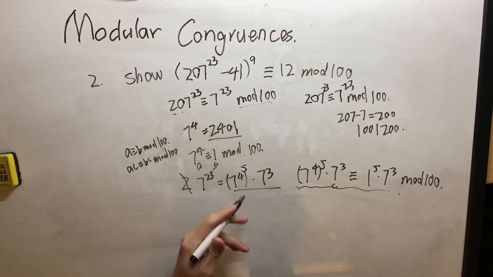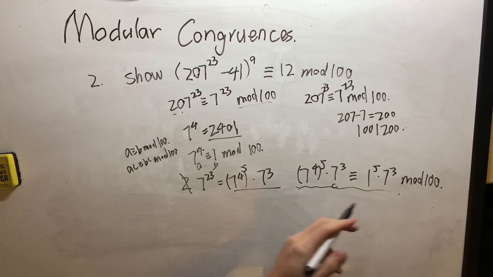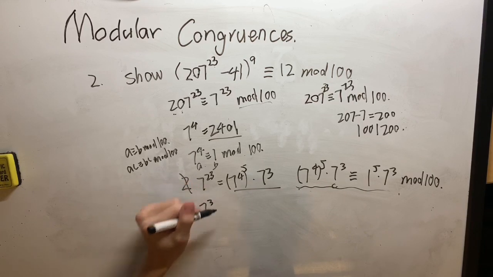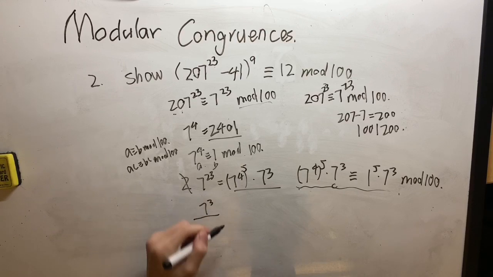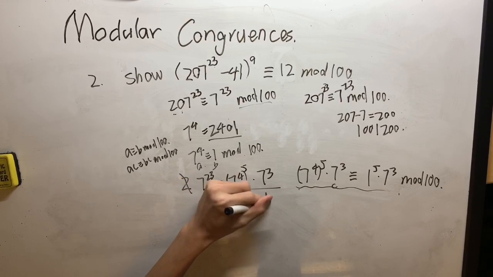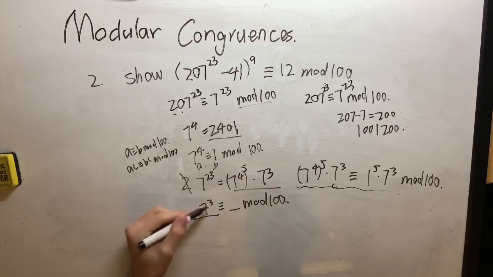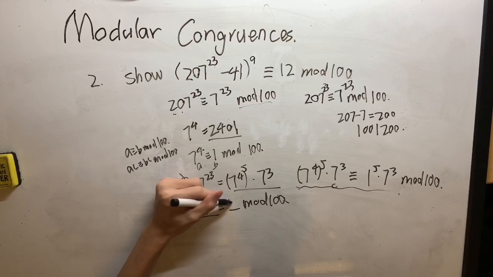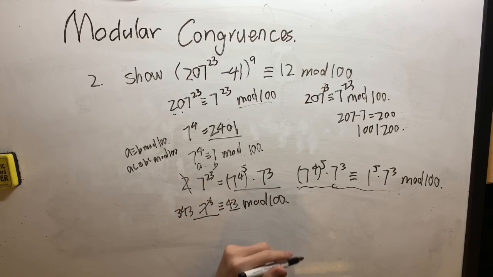So now we have switched that 7 to the 3, 7 cubed. We are looking for this number. It's congruent to some number mod 100. And this is just 343, so this is congruent to 43 mod 100.